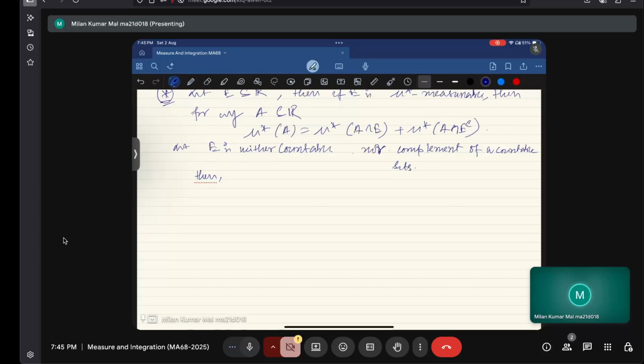Then you have to show that we have to find a set A for which this does not hold. Okay.